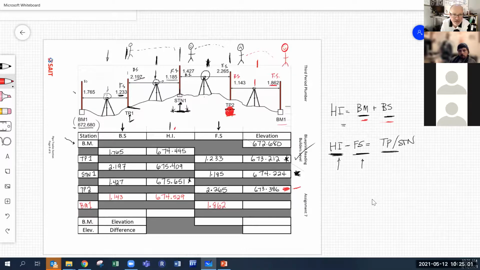That's this number right here. And then we can determine the new elevation of this benchmark. And that is done by taking the height of the instrument, minusing off our foresight. And if I do my math correctly, that is 672.667.